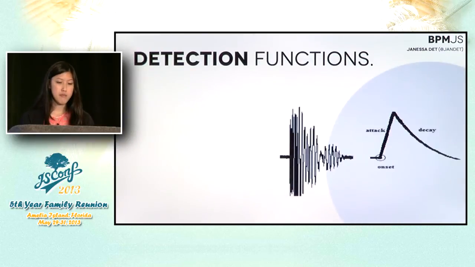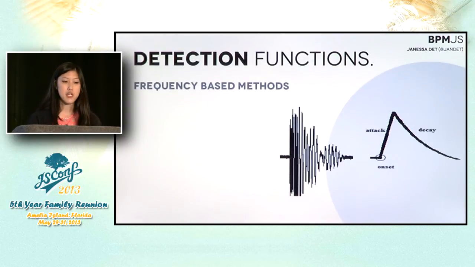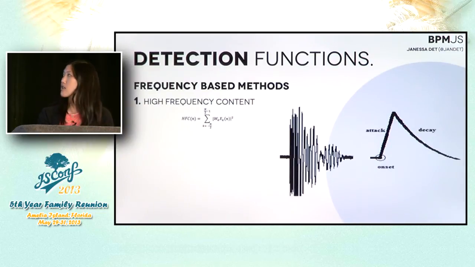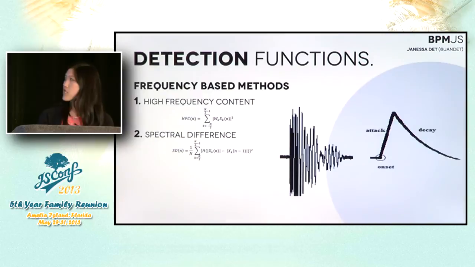So detection functions, what these look like, I'm going to go over the ones that were frequency-based, because they were more robust out of some of the ones I looked at, and also these seem to be the ones that are more prevalent and got recognition. High frequency content and spectral difference. I stuck the math in there if you're math and engineering nerds and want to dig into the summations.